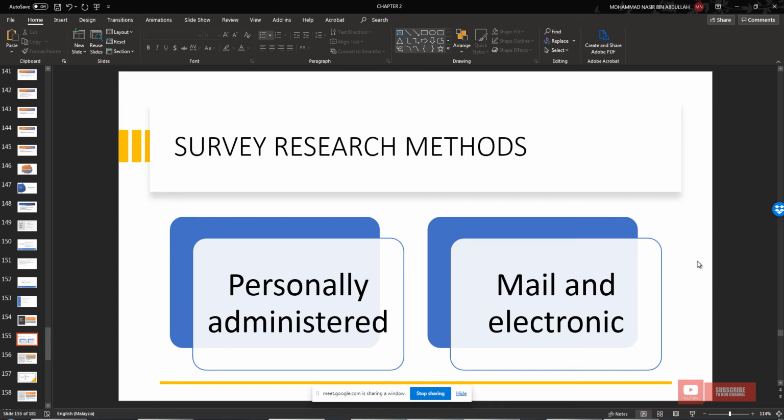So the survey research method. This is how we are going to do data collection. There are two types of data collection for survey research. First is personally administered, meaning face-to-face interview, and the second one is by mail or electronics.